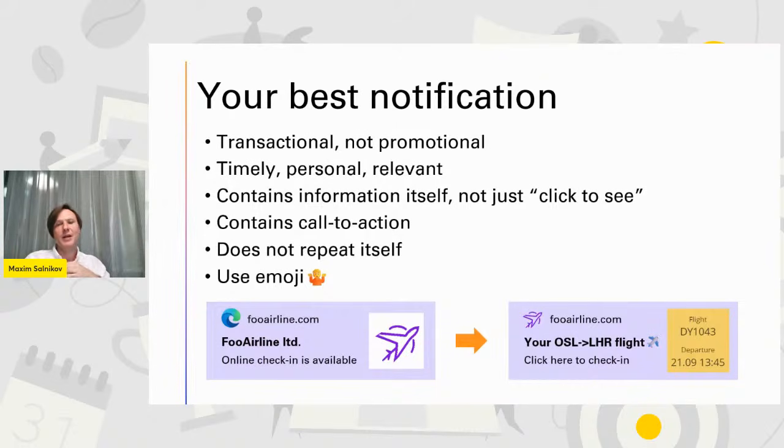So instead of this, we better put information about the flight itself, and I even used an emoji of the plane here. Instead of just informing that online check-in is available, we want to be precise in the call to action, what we want to get from this particular user. We want them to click or tap here for checking in. Okay, let's ask exactly about that.